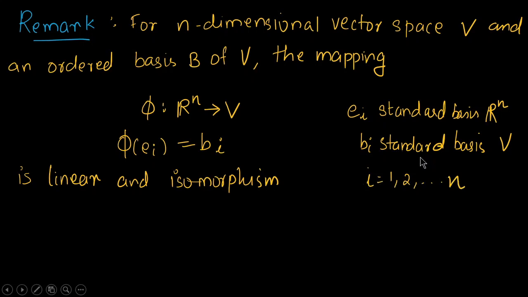Standard means, just like i and j, they follow the standard axes. The direction of these bases is along the standard direction or standard axis, and they are normally unit vectors.